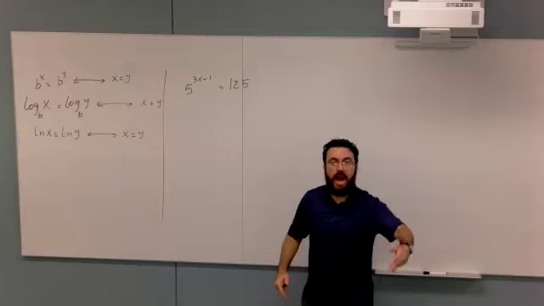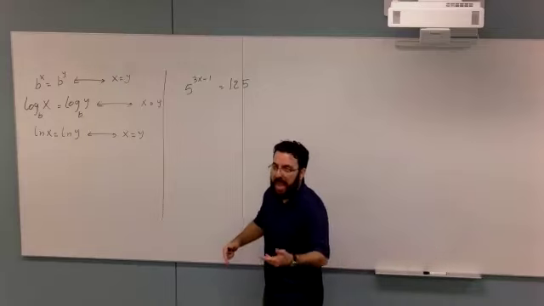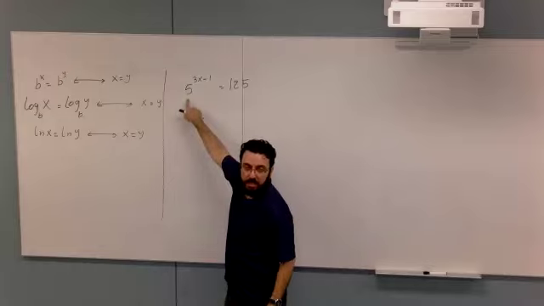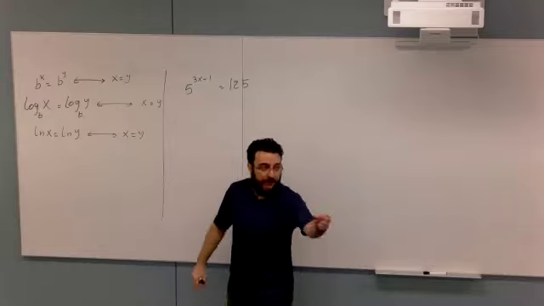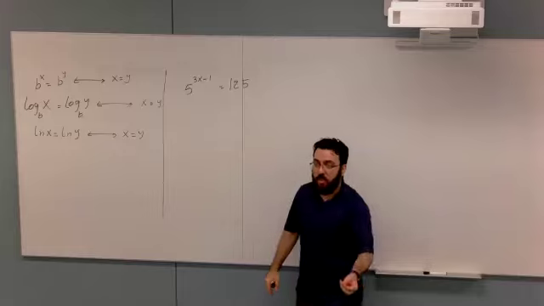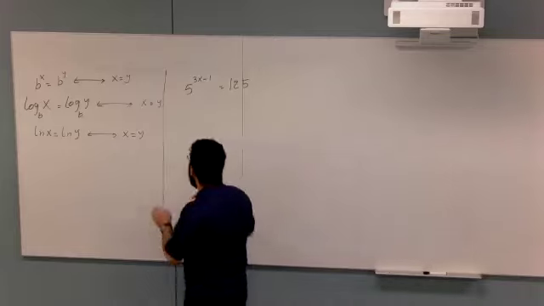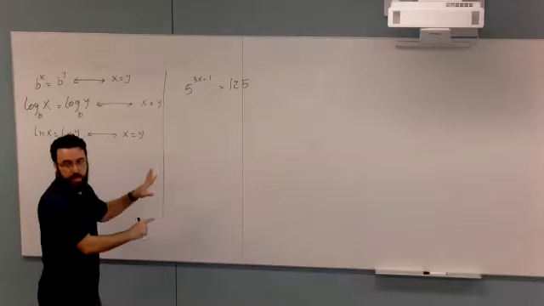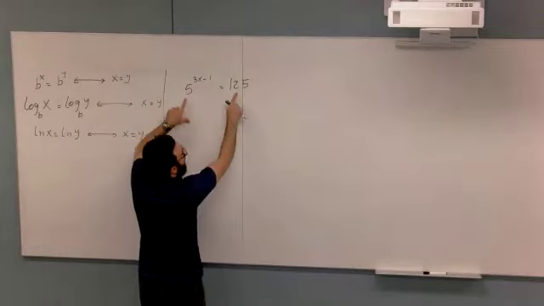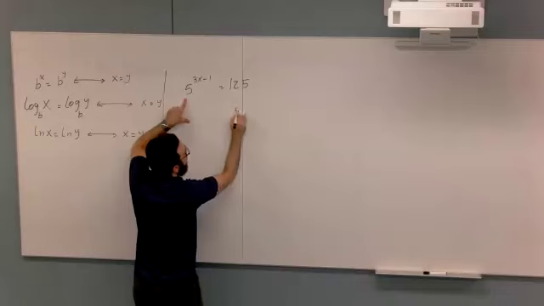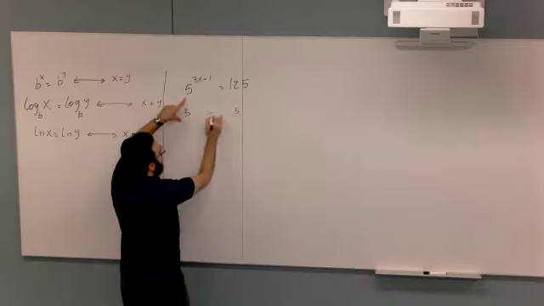No, I need to factor it more in a way I can write down the same base. 5 cubed is 5 times 5 times 5. That's why you have to think this way: I have to factor this one to get the same base as the other side.